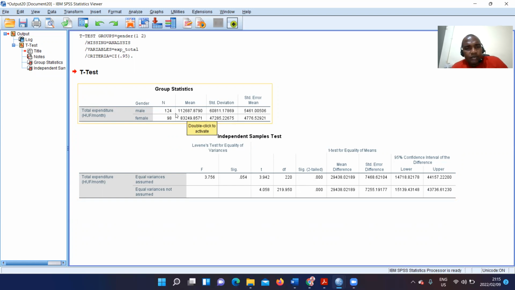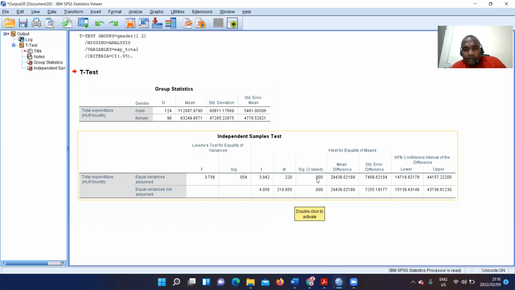There is a divergence of almost 40,000 Hungarian forint, with 112,687 and 83,249.85. So with that kind of divergence in the arithmetic mean expenditures on housing, types of heating, and other amenities or social facilities, is the expenditure the same on average for men and women?